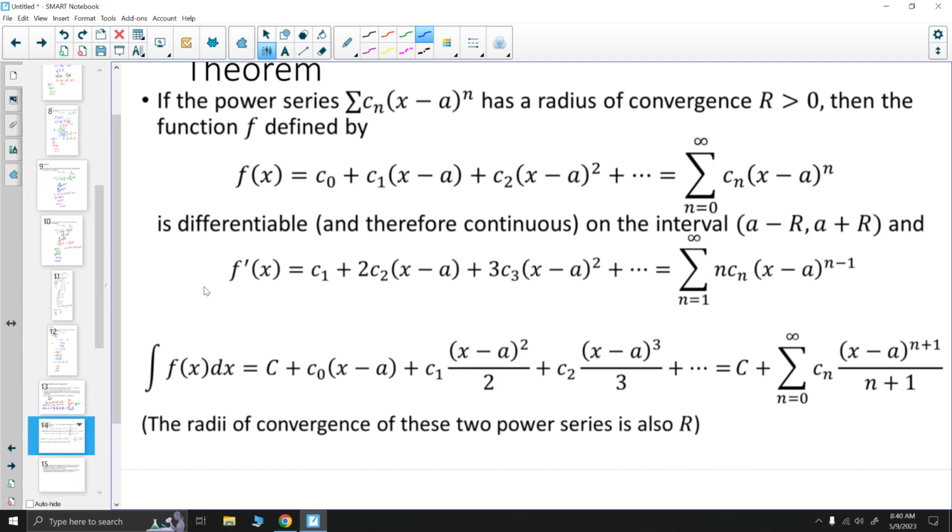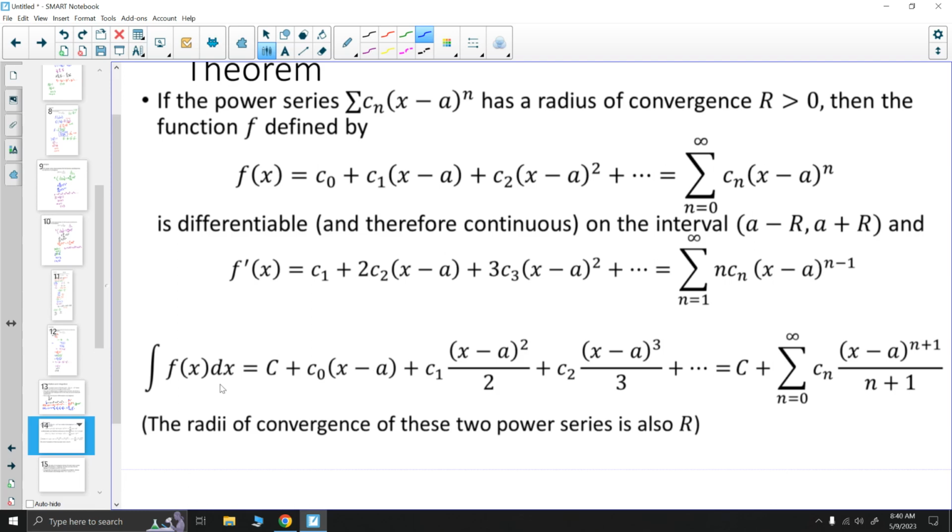So this is differentiable and therefore continuous on the interval a minus r to a plus r, our interval of convergence of our original function. So it is differentiable and continuous on that. And f prime of x is equal to c sub 1. So that is shifting over because that constant drops off, c sub 1 to c sub 2, so on and so forth, which would just be n, c sub n, x minus a to the n minus 1. Again, exactly what I had, only now we're allowing for our center to not be at 0.